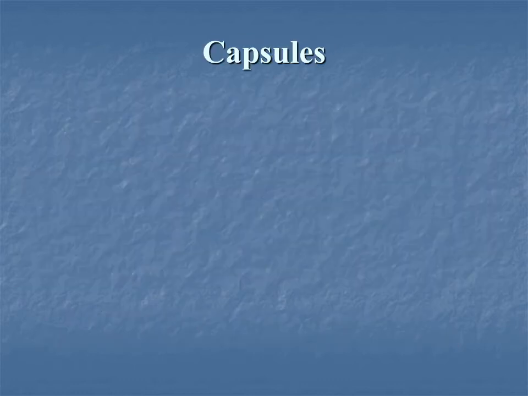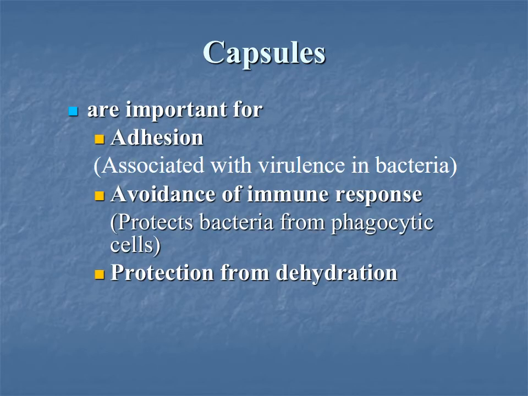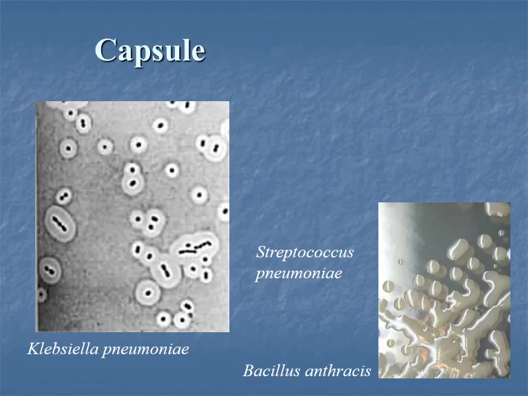Capsules. Capsules are important for adhesion, for protection of the microorganism against the immune system of the human body or animal body, and for protection against dehydration. And you can see examples of microorganisms with capsule.